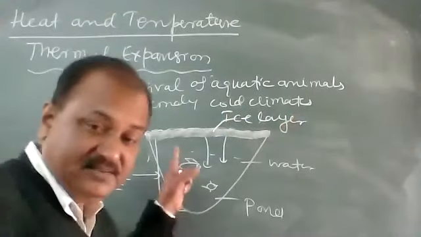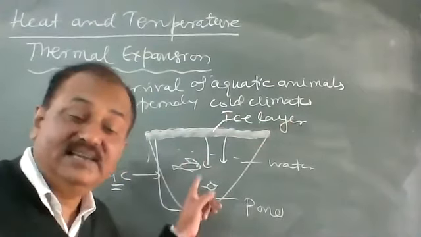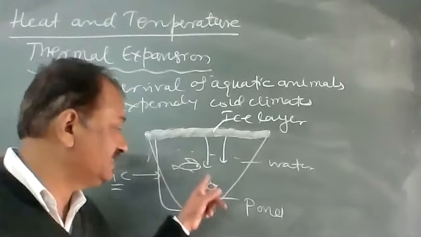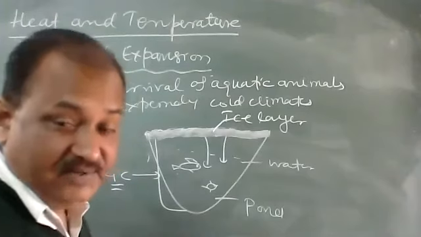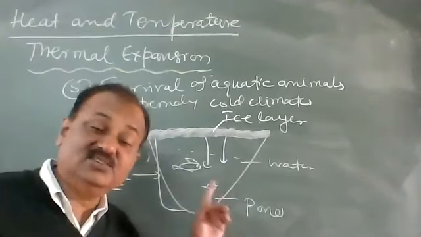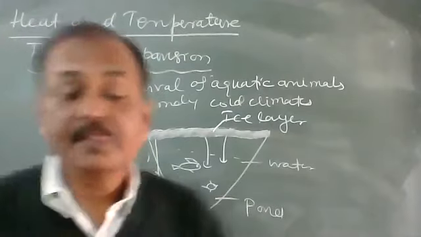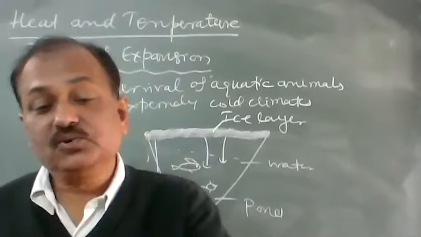Now this is a solid layer. But what about the inside? The inside is water. As a result, fishes, turtles, all the aquatic animals and plants are able to survive. So this is a very important point, and this is also based on thermal expansion. This is in cold climates.